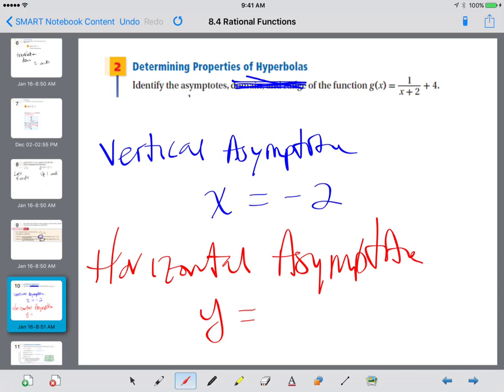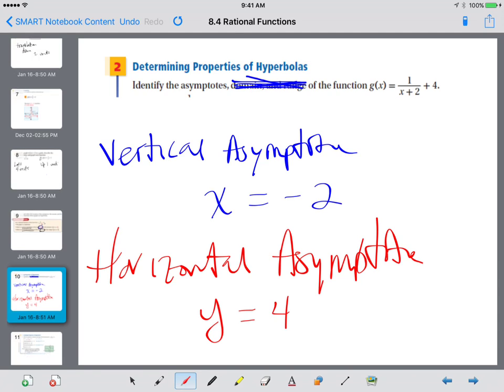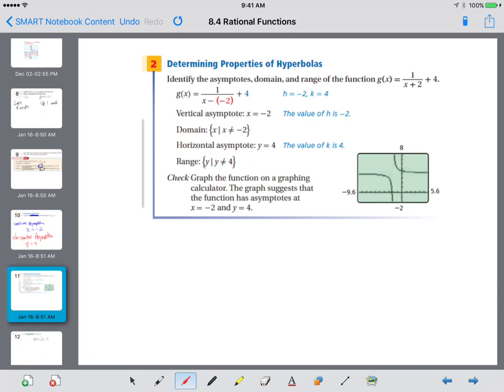K is 4, so it's the line y equals 4. So again, here's this example. The vertical asymptote was the line x equals -2. Pretend my line went over -2 there. The horizontal asymptote is the line y equals 4. So it's a straight line across at y equals 4.